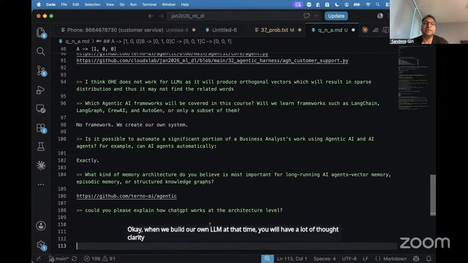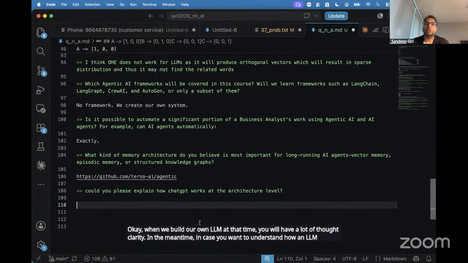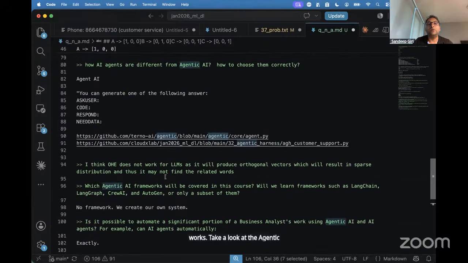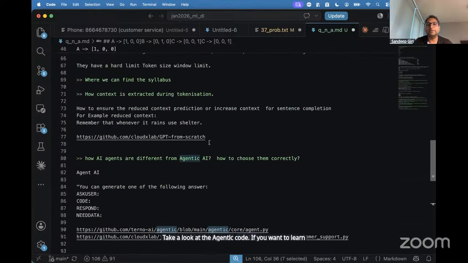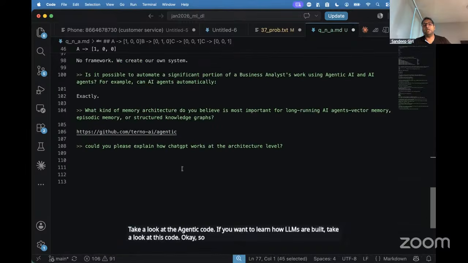In the meantime, if you want to understand how agentic AI works, take a look at the agentic code. If you want to learn how LLMs are built, take a look at this code. We will do it in much more detail during the class.